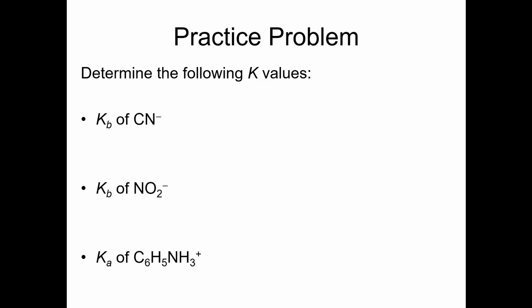Well, let's take the first one, the Kb of cyanide. Appendix D1 tells you that the Ka of hydrocyanic acid is 4.9 times 10 to the minus 10th. Therefore, when I divide Kw by 4.9 times 10 to the minus 10th, I get the Kb of cyanide, which is 2 times 10 to the minus 5th.